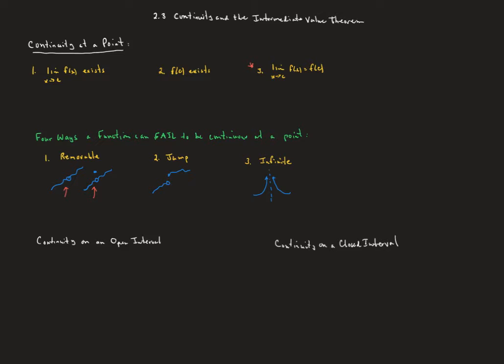Continuity on an open interval makes great sense, I think. It just means that a function is continuous at every point on that interval. An example might be the tangent function on the interval from negative pi over 2 to positive pi over 2.